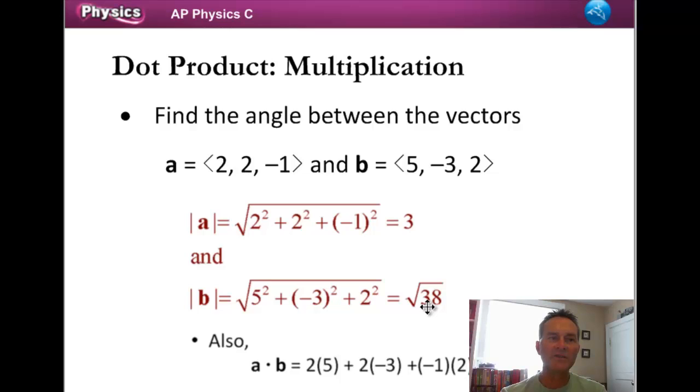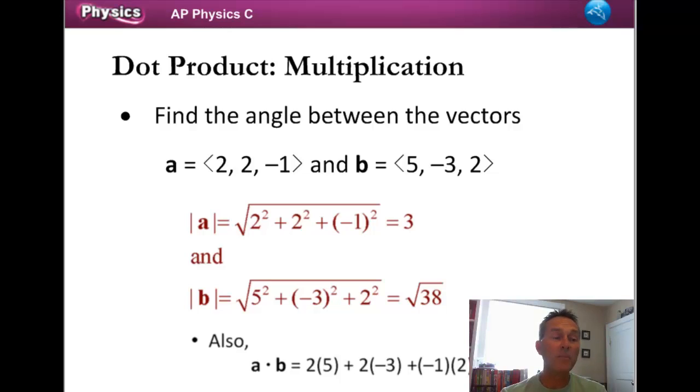Now, if I take the dot product of those two vectors, I multiply the 2 times the 5, and the 2 times the negative 3, and the negative 1 times the 2, just as I did here, and I add them together, and I find out the dot product is going to be 2.